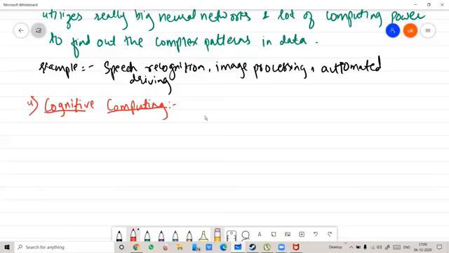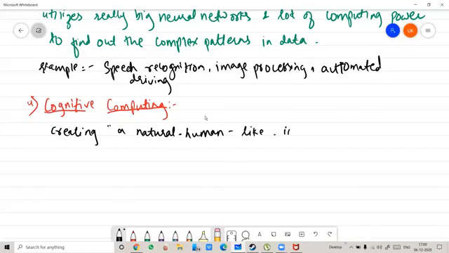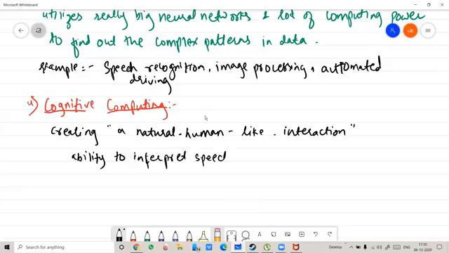So it's about creating a natural human-like interaction, including the ability to interpret speech and respond to it. This is cognitive computing.